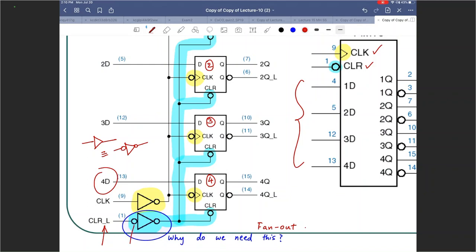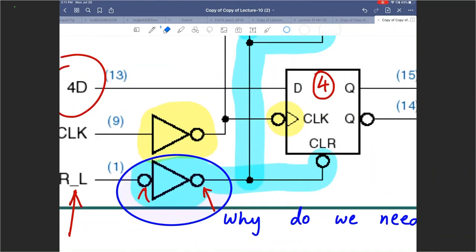So if you see the bubble, that cancels out, right? And you are still left with that bubble to make that overall an active low clear. So those two bubbles are essentially just a diagram view of a buffer.